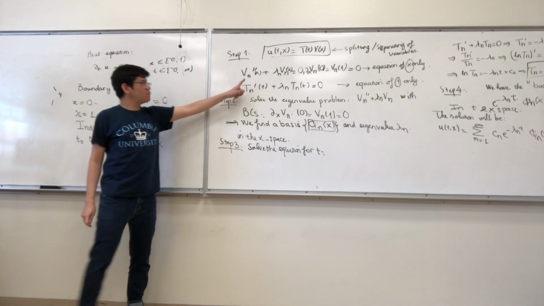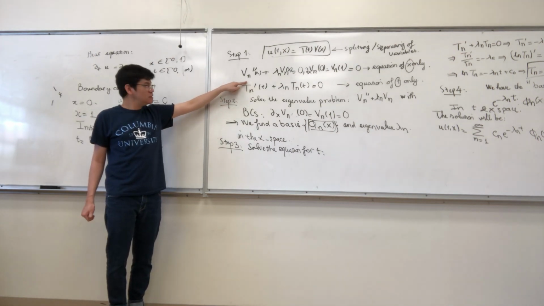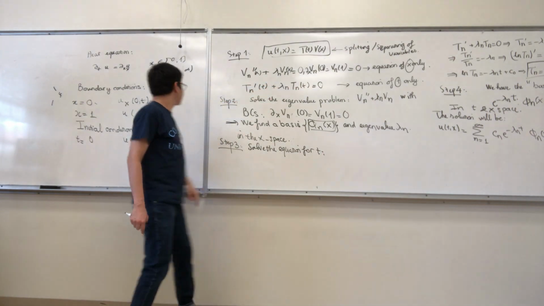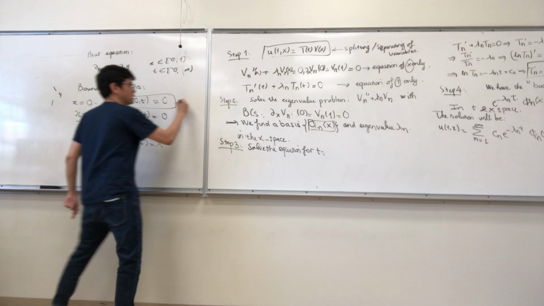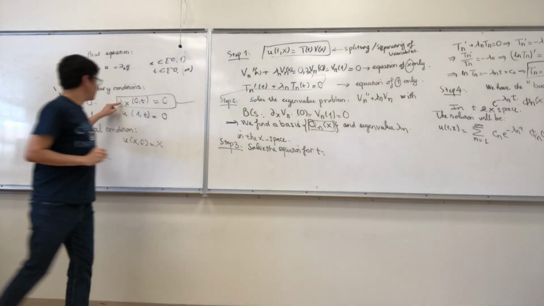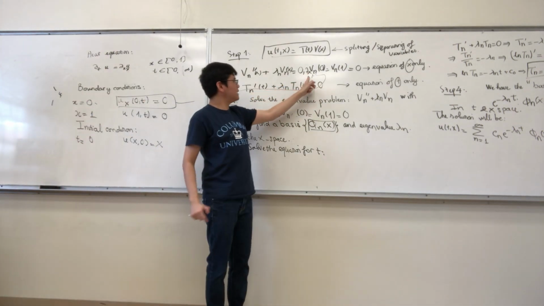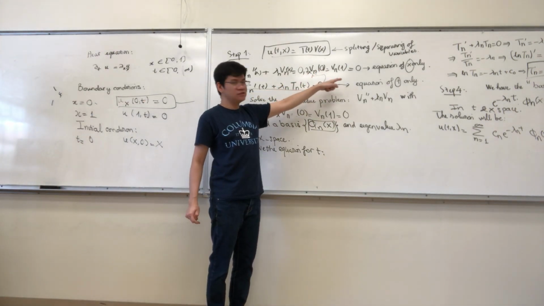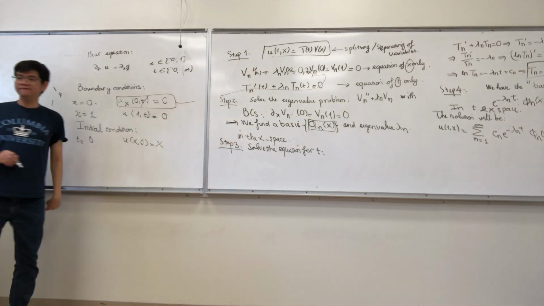The equation for x is an eigenvalue problem, so the boundary condition will be the same: u_x at 0 is 0 goes to dVn/dx at 0 is 0, because here you remove the t.